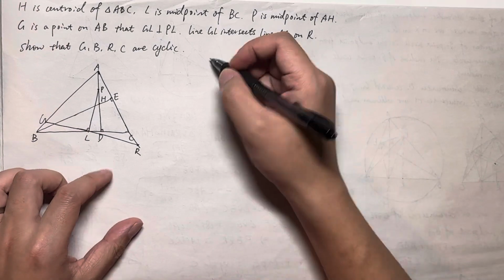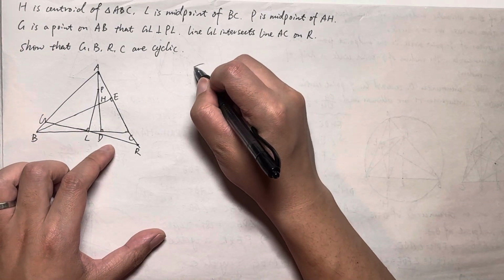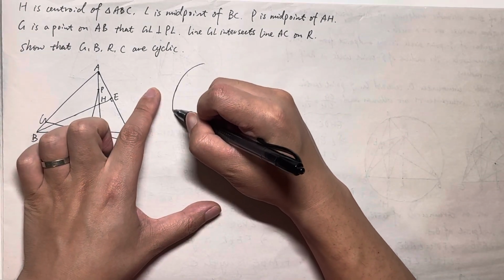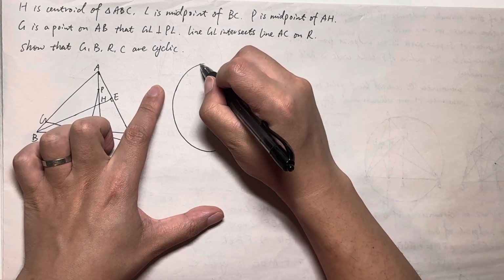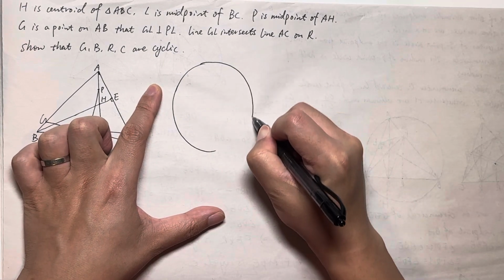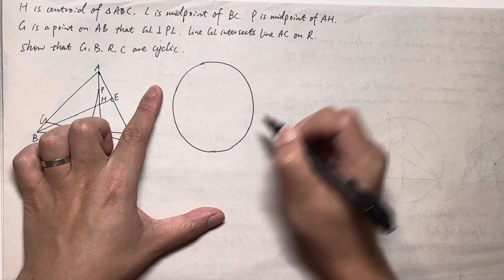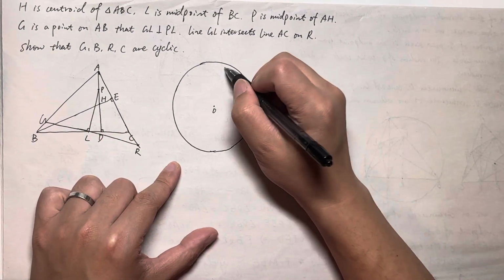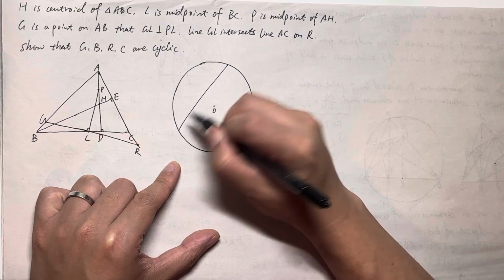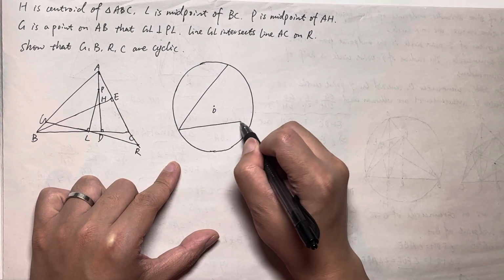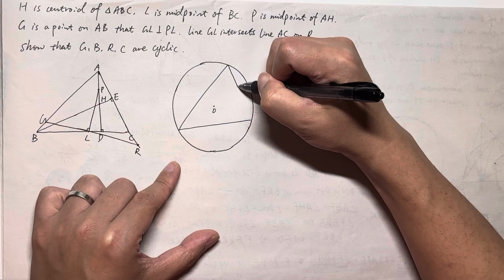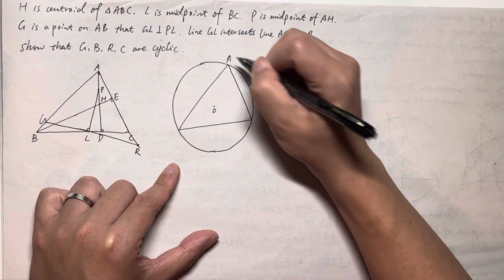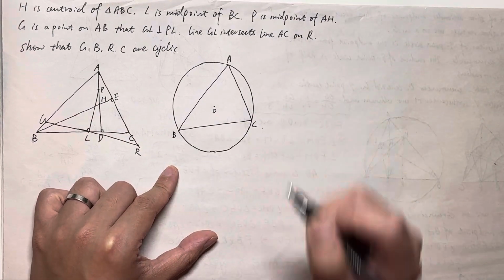So let's just draw a circle representing the circumcircle of triangle ABC, and we find the center O. We draw the triangle ABC here.